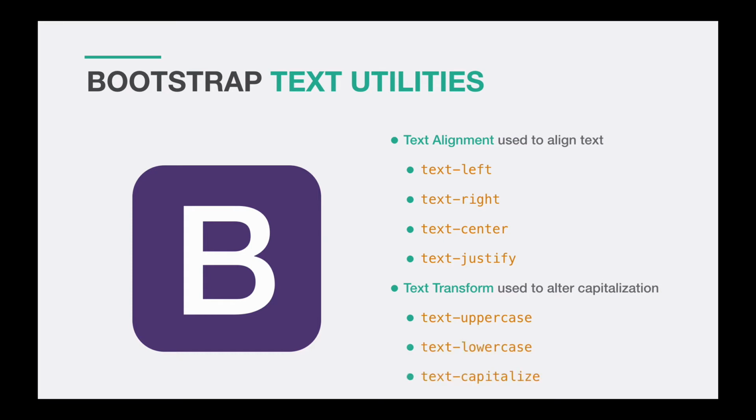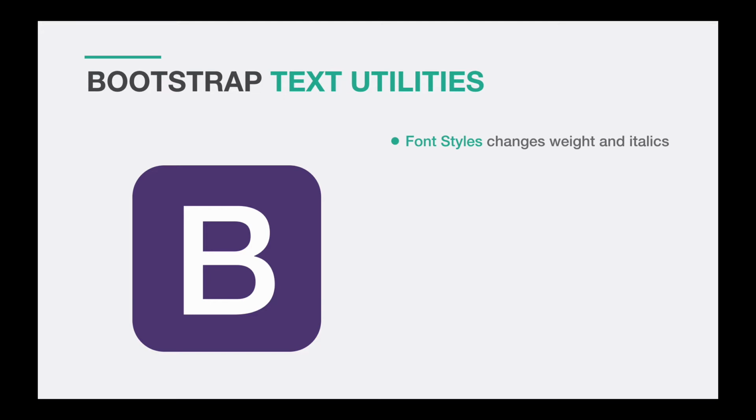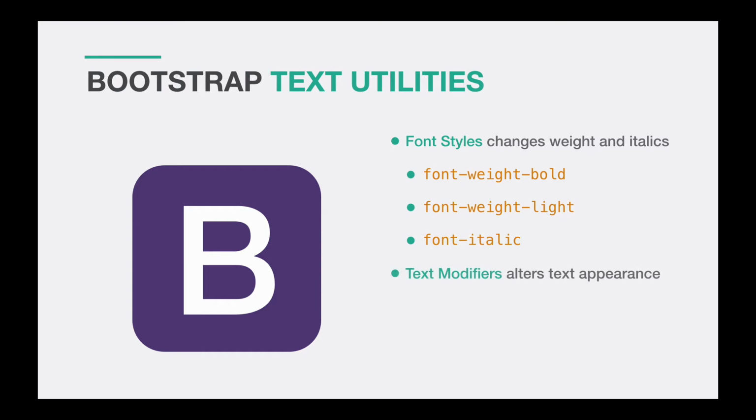So these are the classes we would add to the element to change their text. Okay, so we're not writing the CSS anymore. We're doing everything inside of our HTML. We have font styles as well, so we can make it bold or light or italic. We can also change the text appearance. We can, for example, remove the underline.